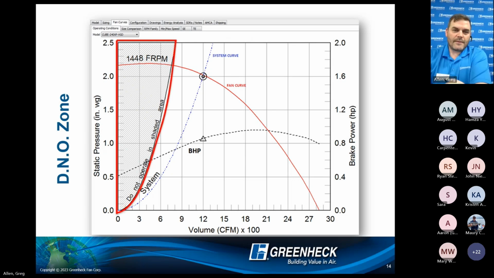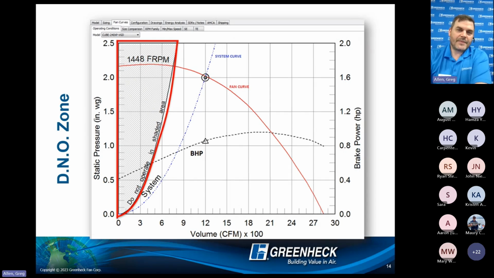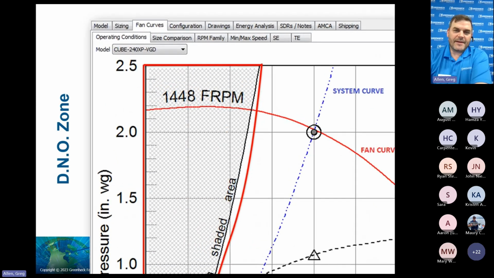Kind of circle it here for you. Now, let's zoom in a bit. In this area, things like stall or surge or hunting can happen. These are going to affect the performance and possibly even the life of the fan if it's operated in this area. But let's look at a specific scenario.